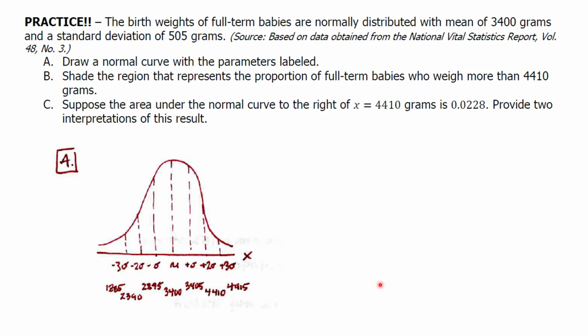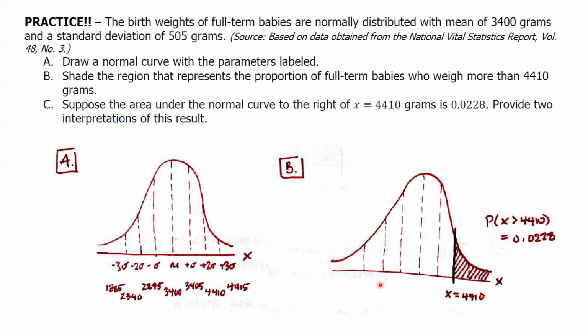B then tells you to shade the region that represents the proportion of full-term babies who weigh more than 4,410 grams. So 4,410 grams happens to be 2 standard deviations to the right of the mean.